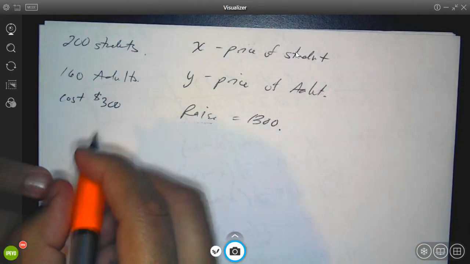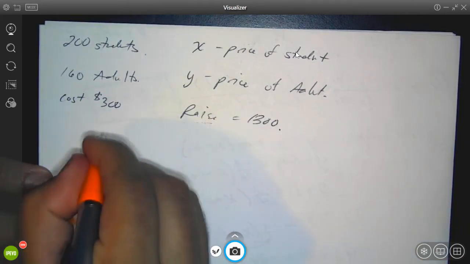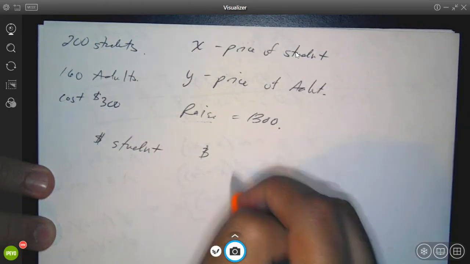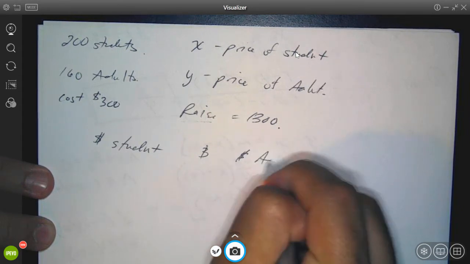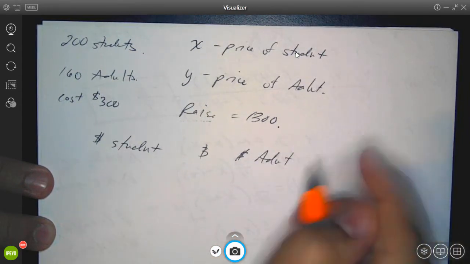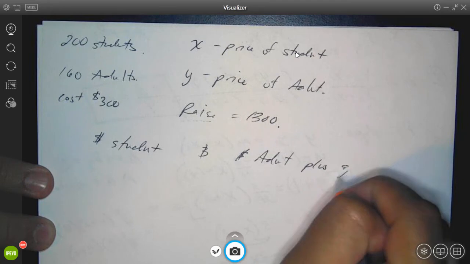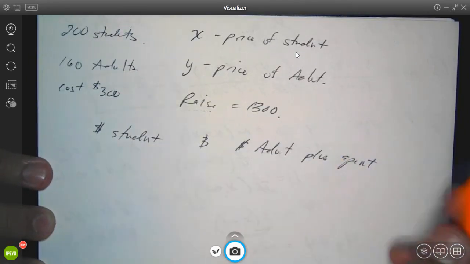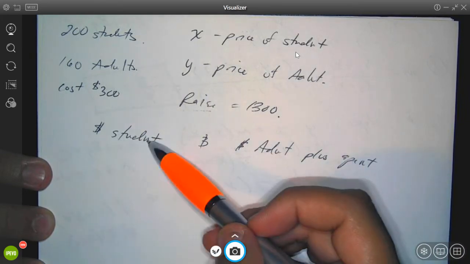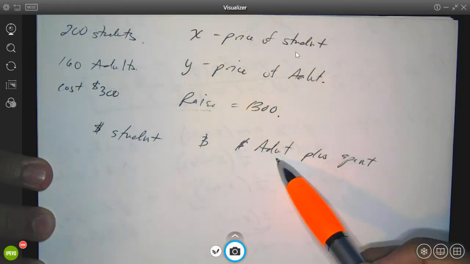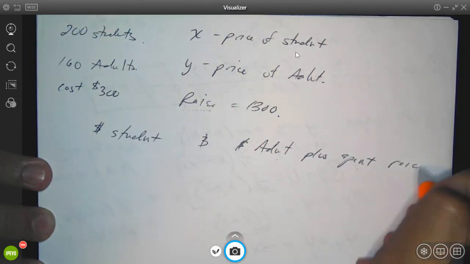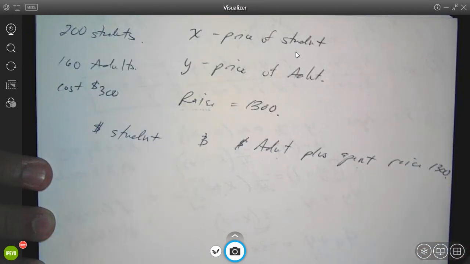Well, we know that money coming in from students and money coming in from adults plus money spent, and I want to raise, I apologize, I'm writing at an angle, but the amount of money from students and the amount of money coming from adults plus the money I spent, right? And what I want to do, I want to raise 1,300, right?